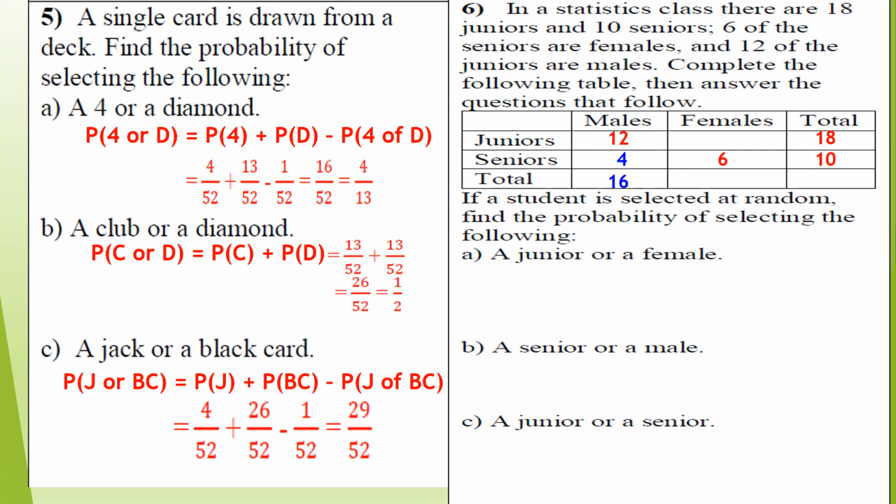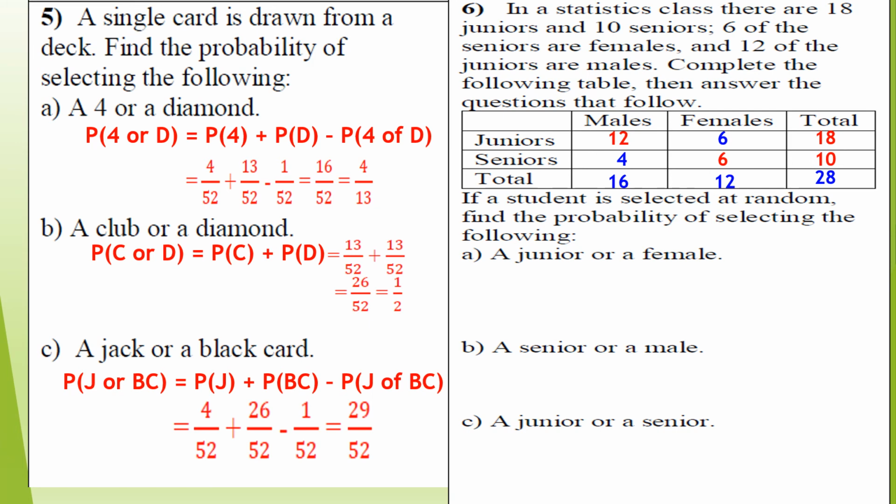Also, since there are a total of 18 juniors and 12 of them are males, therefore there are 6 female juniors. So if we add all the females, we have 6 plus 6 equals 12. And then the total is 18 plus 10 equals 28, or the total here for males and females is also 28. Now we are ready to answer the questions.